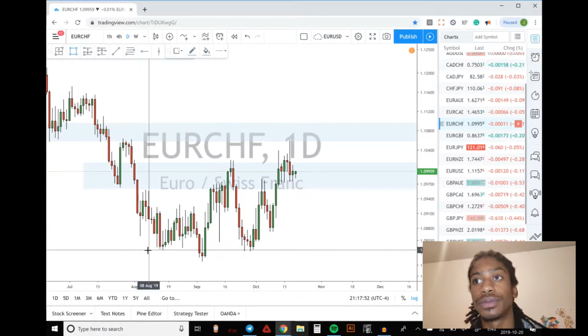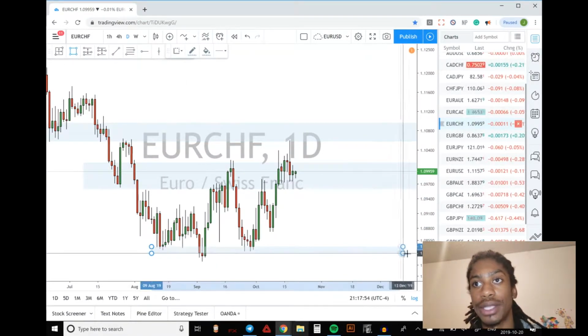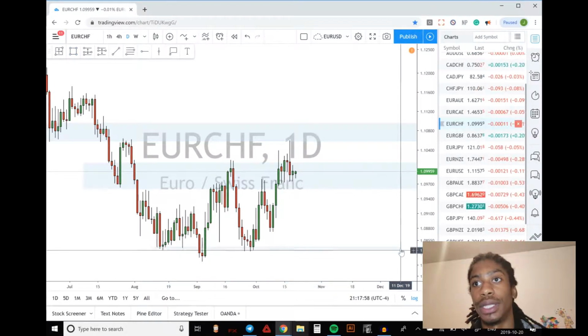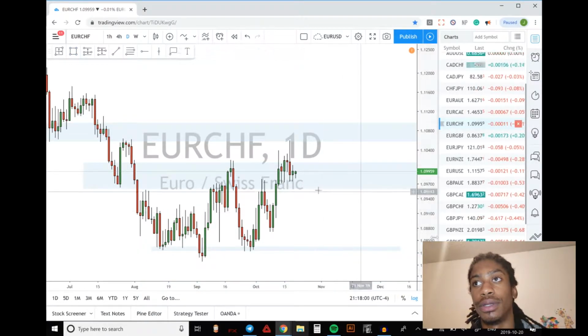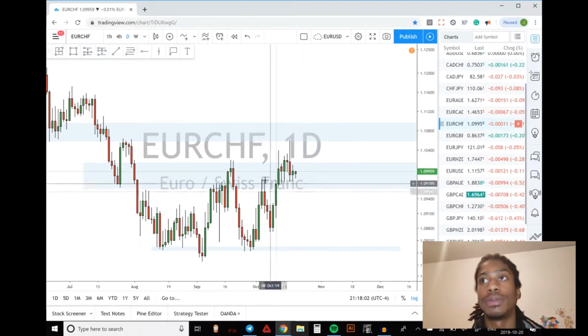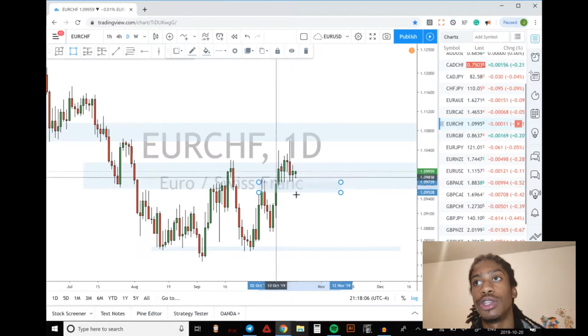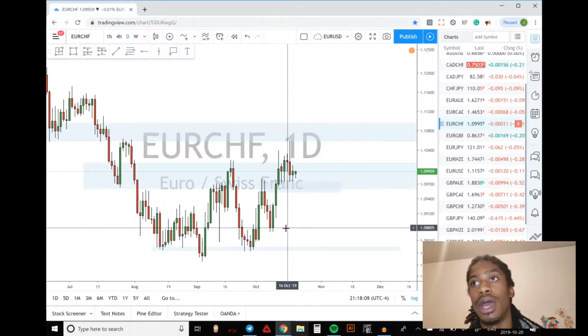So we also had this support area here. Make that a bit thicker. So judging by its current market structure, we also are going to put a support line here, showing that price is above it. I'm more likely to be neutral on this right now.